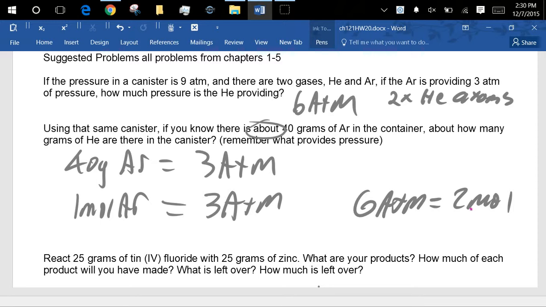So that means there must be 1 mole of argon atoms bouncing around inside that container, and they provide 3 atmospheres of pressure. Okay, so I also have some other gas, in this case helium, providing 6 atmospheres of pressure. So since those 2 gases are at the same temperature and inside the same size container, how many more heliums are there than argons?